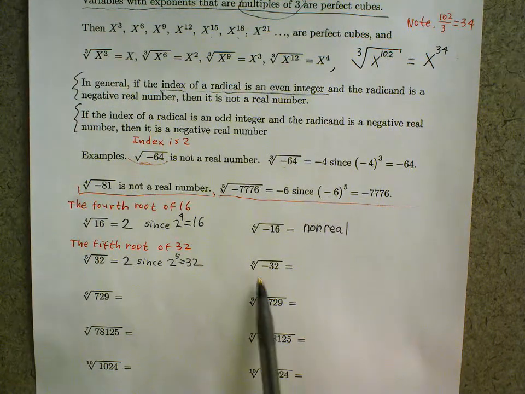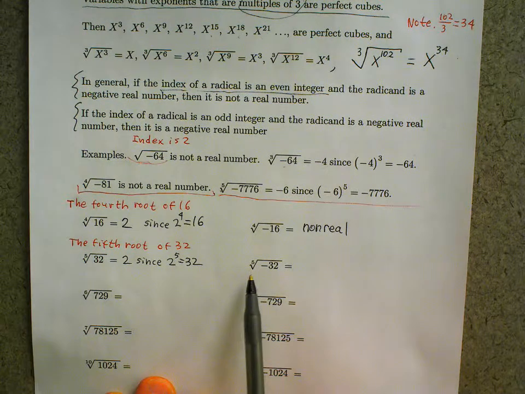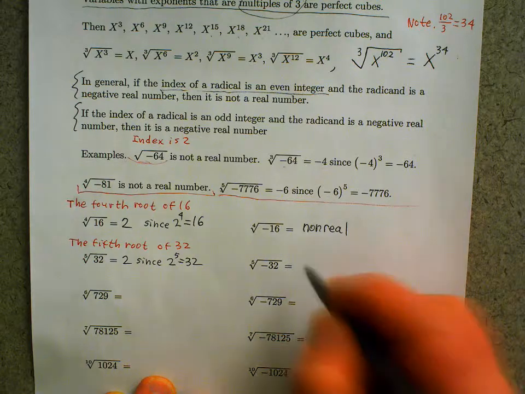Okay, the next one, the fifth root of negative 32. What's the fifth root of negative 32? Negative 2. The fifth root of negative 32 is equal to negative 2.